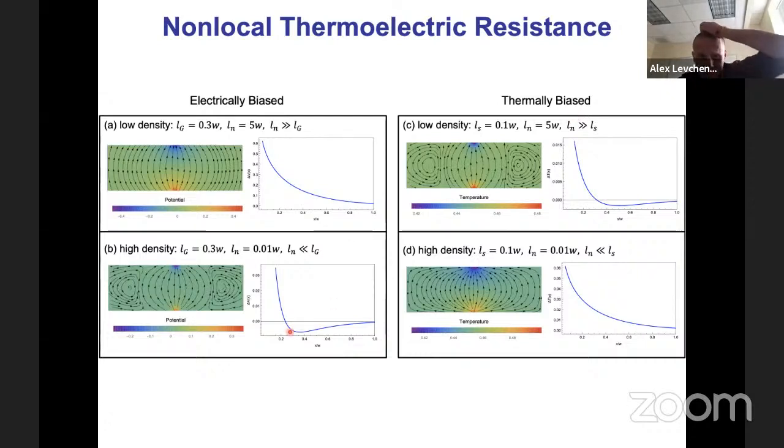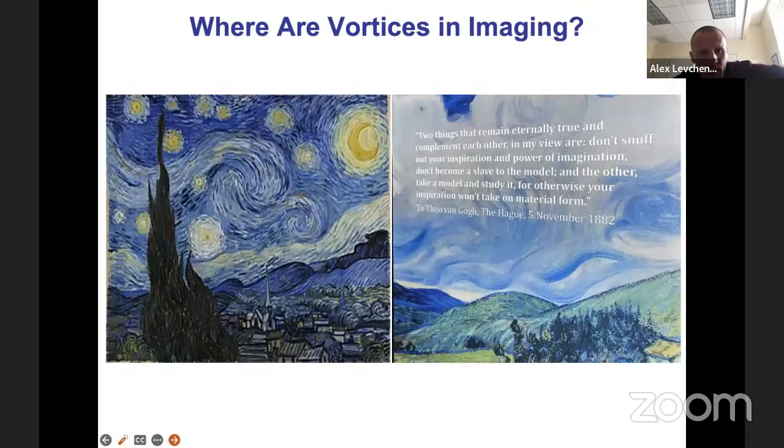Unfortunately, these vortices have been elusive. Nobody saw them up until very recently. And so you could scratch your head and say, well, could it be explained differently? And I would like to quote Van Gogh. He wrote a letter to his brother, and he said something which I believe truly applies to physics thinking.